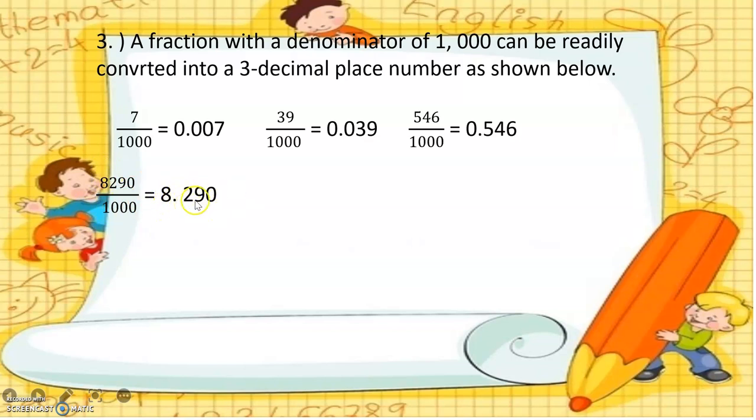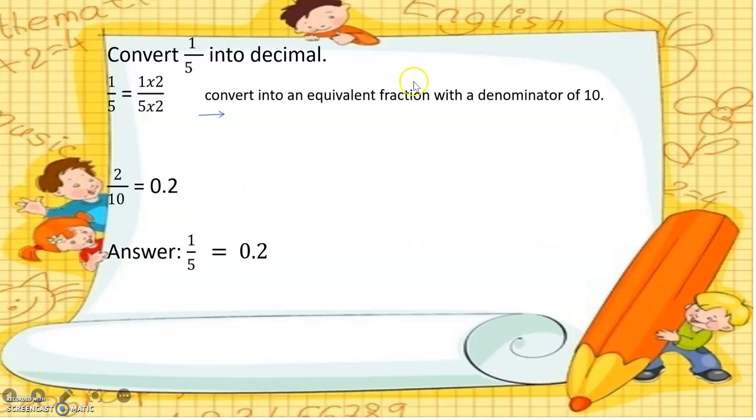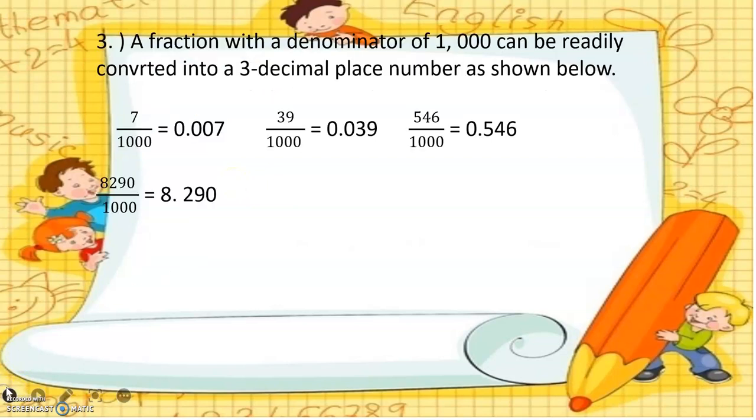Again, 10 has 1 decimal place, 100 has 2 decimal places, and 1000 has 3 decimal places.